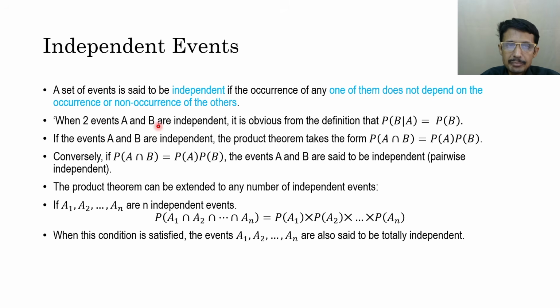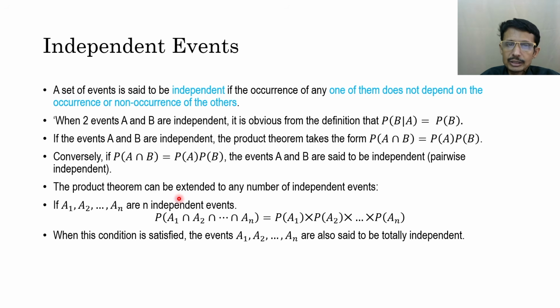When two events A and B are independent, it is obvious from the definition that P of B given A is equal to P of B, because A has no effect on it. If the events A and B are independent, the product theorem takes the form P of A intersection B is P of A into P of B. Conversely, if P of A intersection B equals P of A times P of B, the events A and B are said to be independent or pairwise independent.